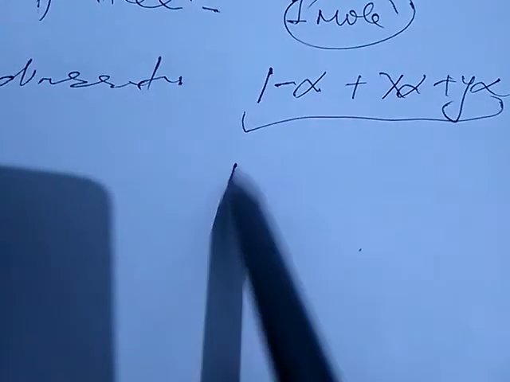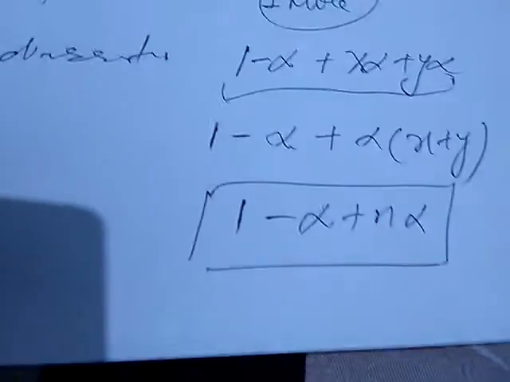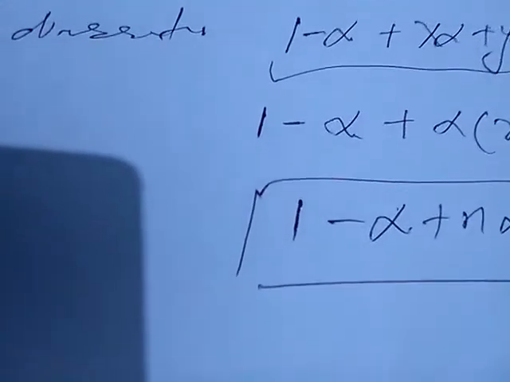This is the number of particles after dissociation. On simplifying this, taking alpha common, this would be the number of particles after dissociation.